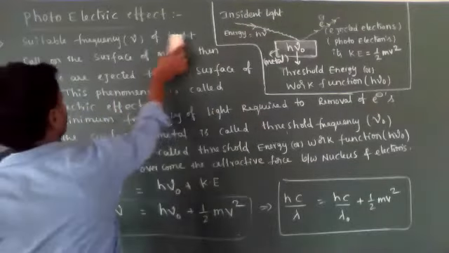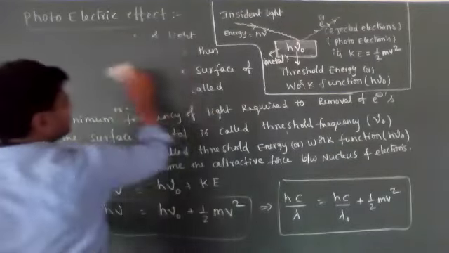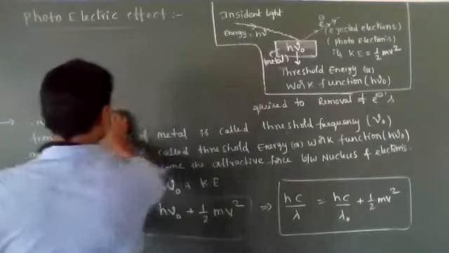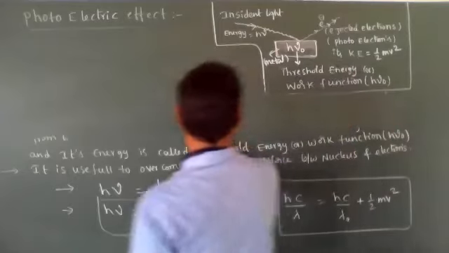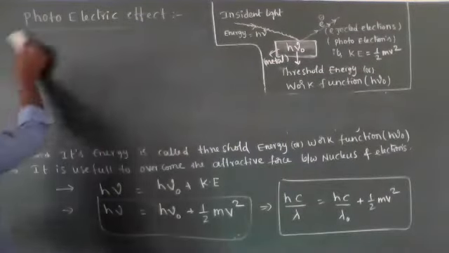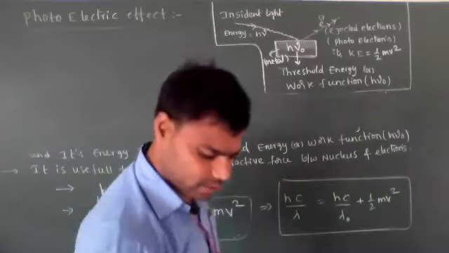And here a very important concept is the conditions when the electrons will come out. Here three important conditions are present.